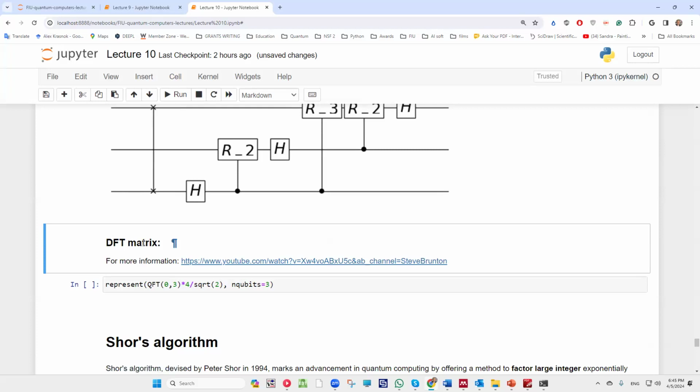So what is the DFT matrix? Right, the discrete Fourier transform matrix.